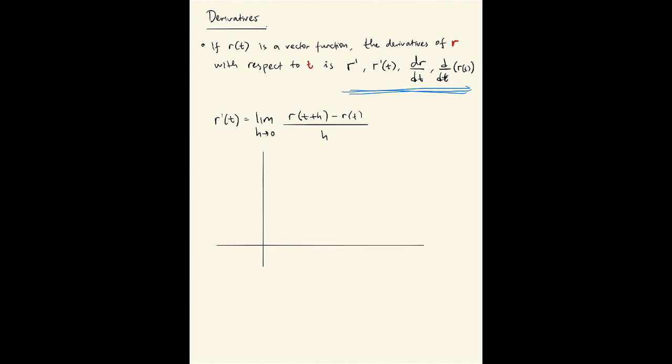So it's better to give you some visualizations. So you have a curve. So this is the vector function r, and this is r of t plus h.